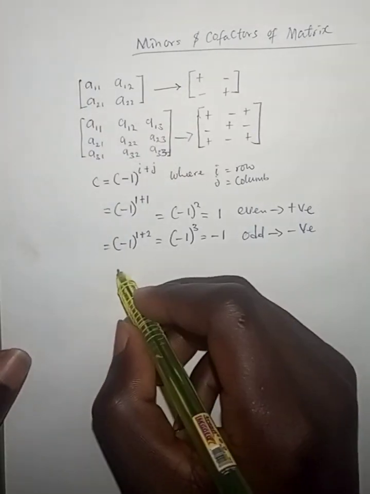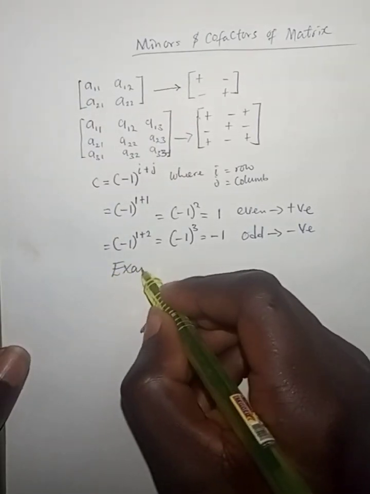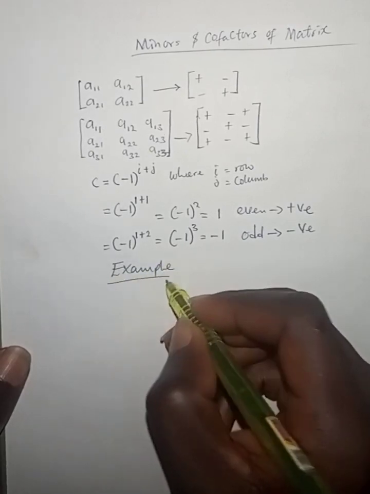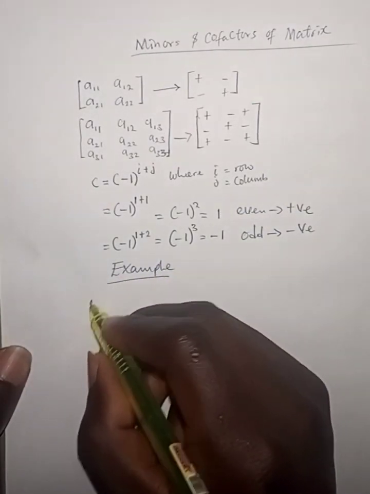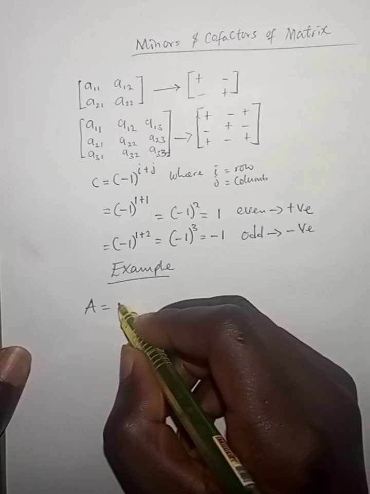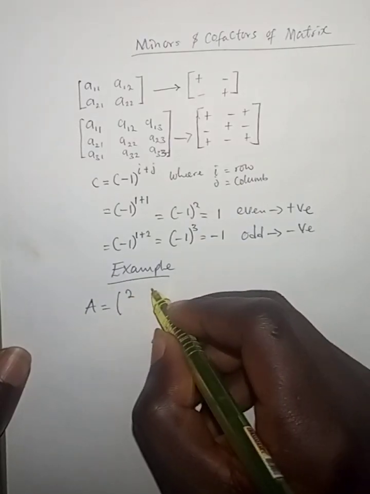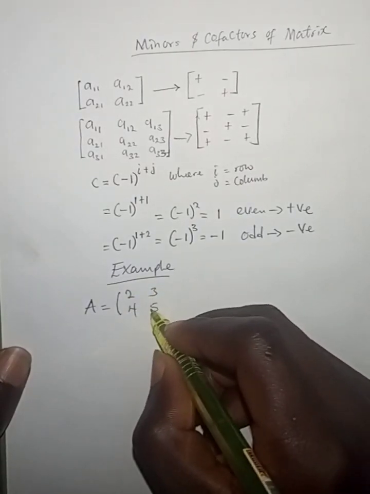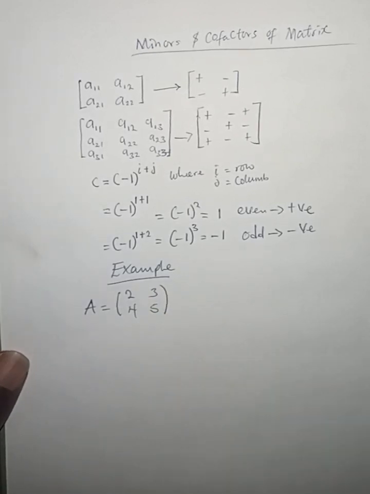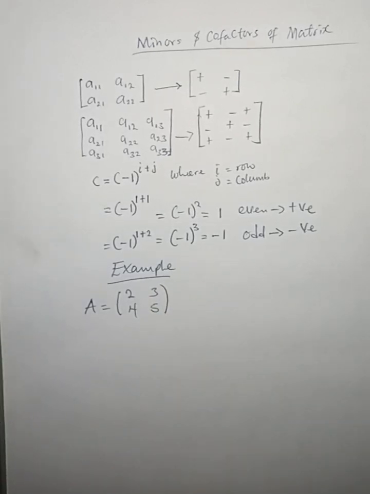So let's try an example of a 2 by 2 matrix. Say given a matrix A equal to 2, 3, 4, 5. So what's its cofactor?